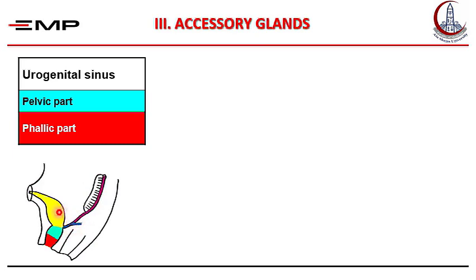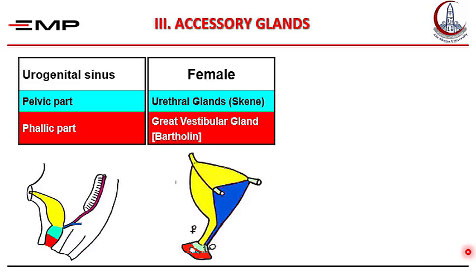This is the ventral part of the cloaca or urogenital sinus, divided into a vesical part, pelvic part, and phallic part. From the pelvic part, buds will give a gland, and from the phallic part, buds will give a gland in either sex.